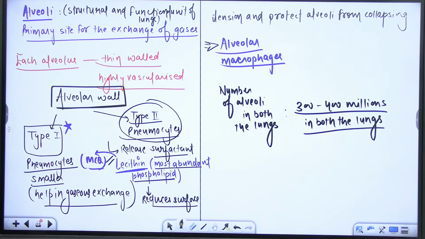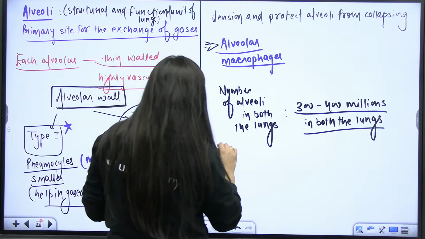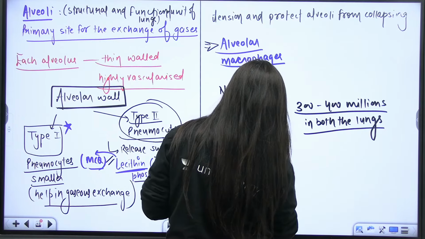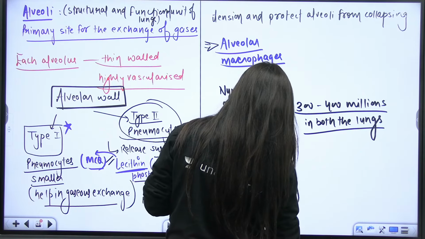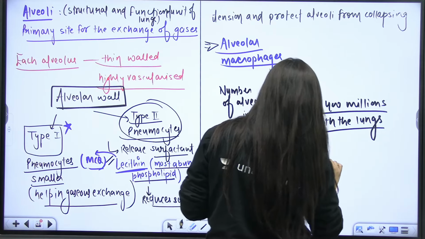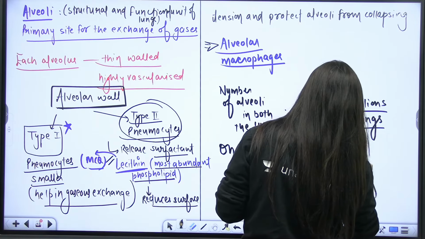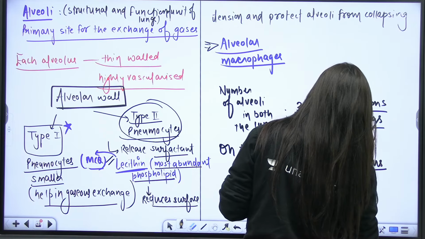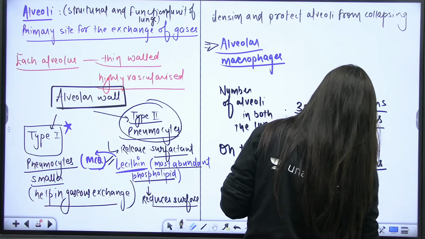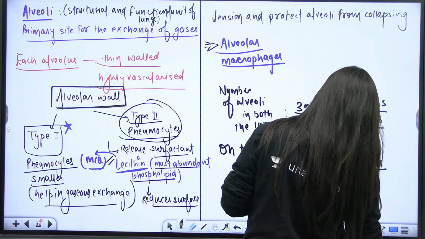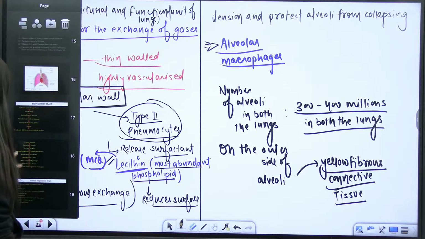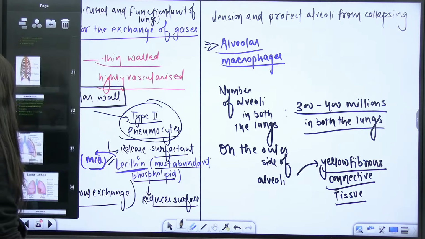On the outer side of the alveoli, you'll see yellow fibrous connective tissue. That is also something that you are going to see. So this is all about the alveoli.